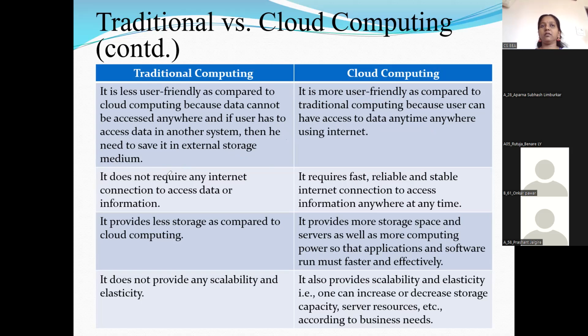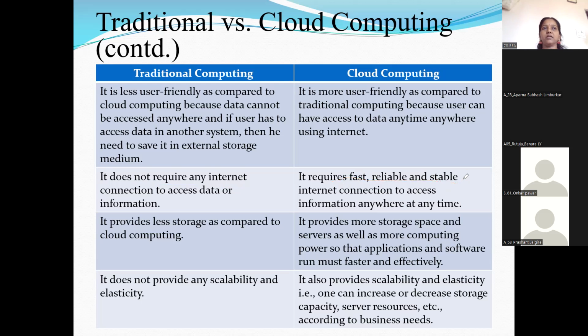So internet connectivity with proper speed should be there in the case of cloud. In traditional computing, it does not require any internet connection to access the data. But in the case of cloud, you must have a fast, reliable, and stable internet connection.